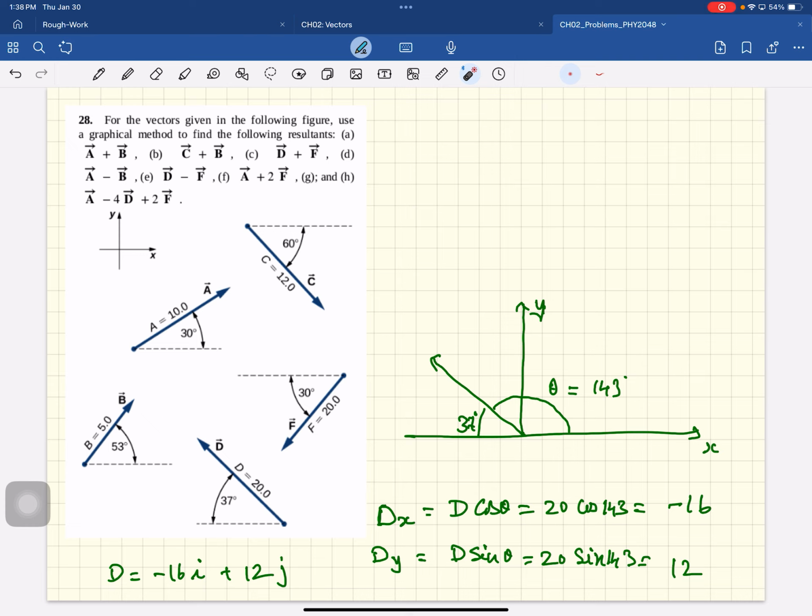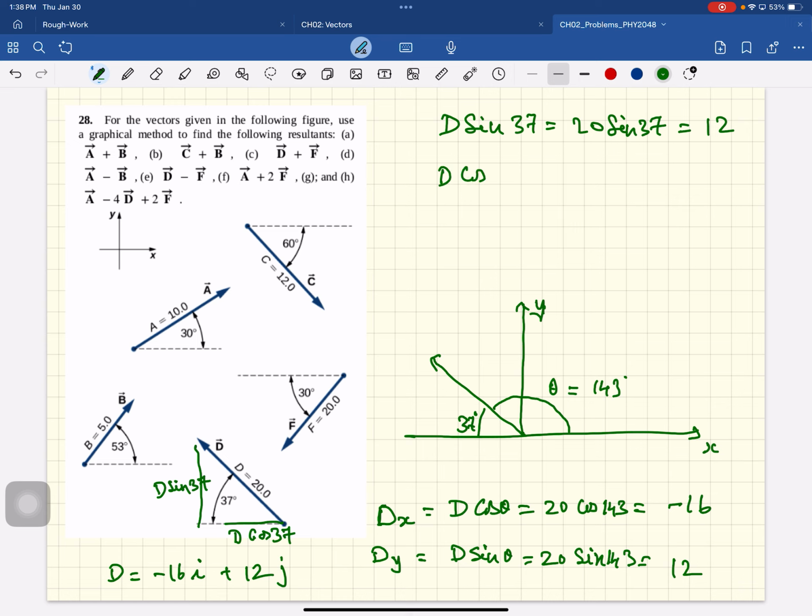Oftentimes it's more convenient, rather than figuring out the angle counterclockwise from the x-axis, to just figure out these distances, these lengths. This length is D sine 37. This length is D cosine 37. So D sine 37 is 20 sine 37, which you will find to be 12.